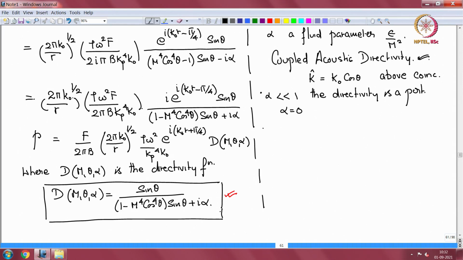Okay, α much less than 1 means epsilon over m square much less than 1, which implies m much greater than epsilon to the power half, which we have seen in this range the fluid loading or inertial loading is insignificant.